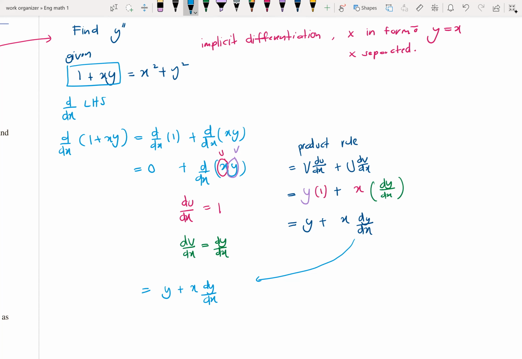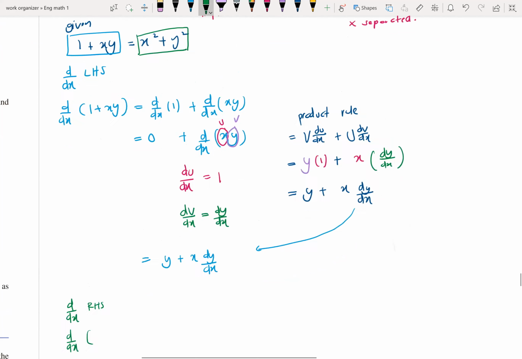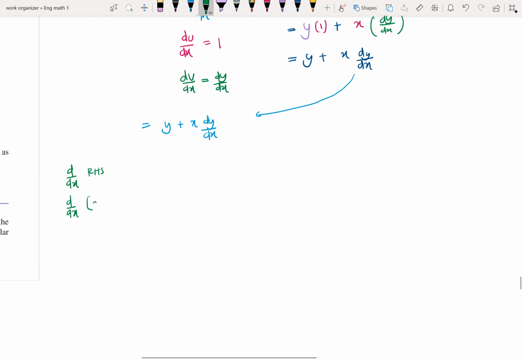And then we have to do the right hand side. d dx of x squared plus y squared.